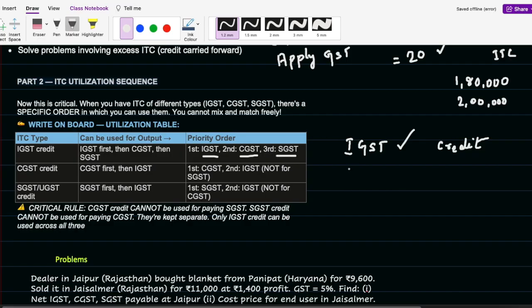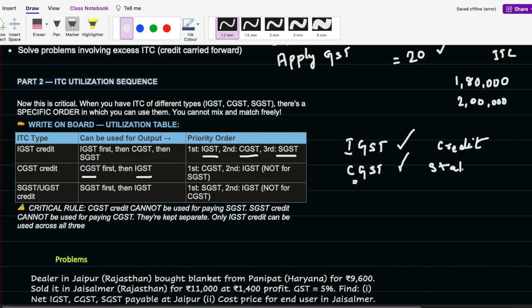So again, if you are having only a credit of center, then you have to first claim it against CGST, right? First you have to utilize that at CGST, then IGST. Okay, you can't use it for SGST. If you are having a credit of center, you cannot use it for state.